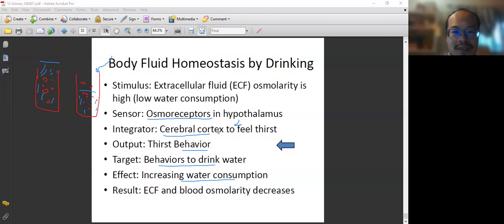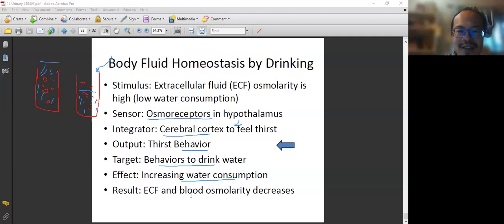The integrator is the same thing: the hypothalamus to the cortex in the brain gives you a feeling of thirst. Then it will drive you to action. The effector is going to drink, and the action of that effector will be drinking water.